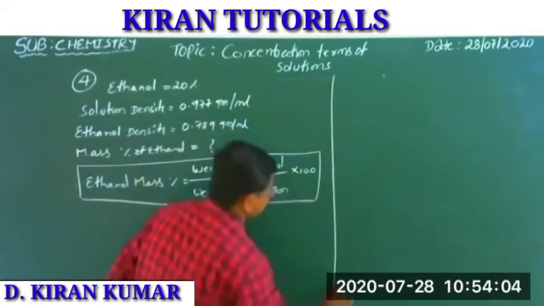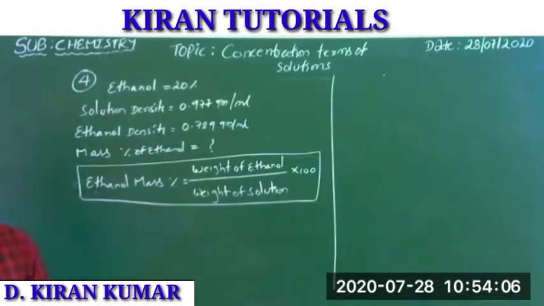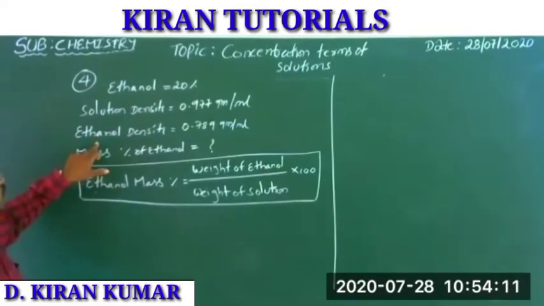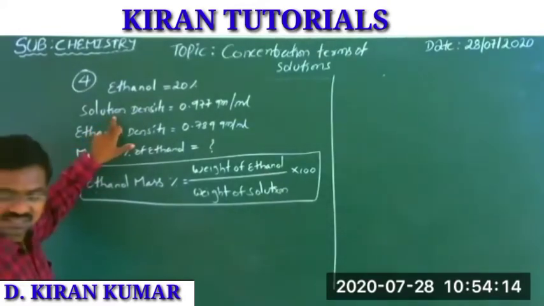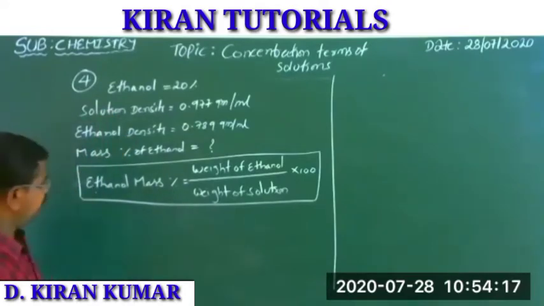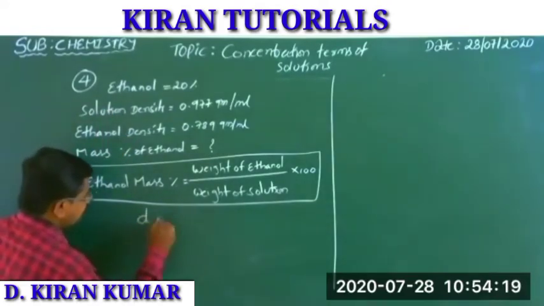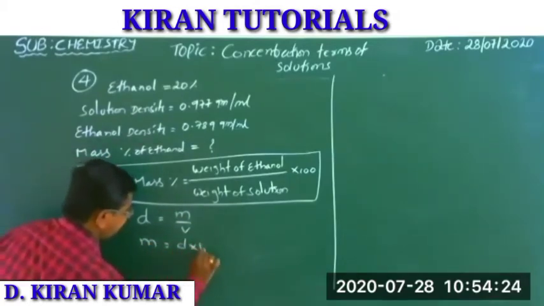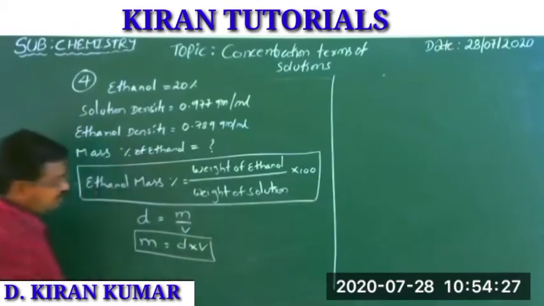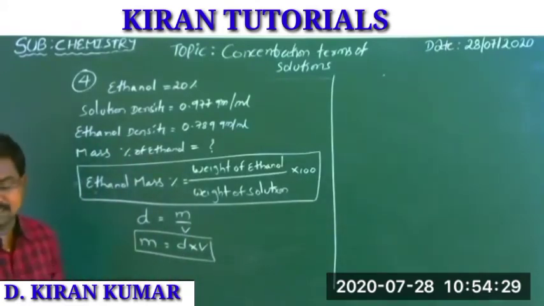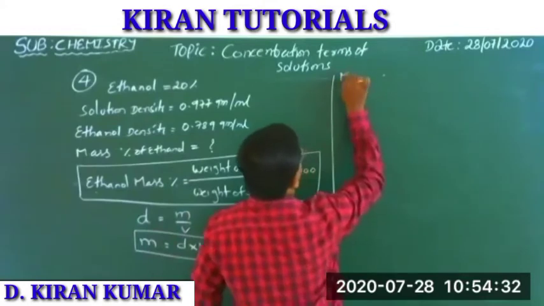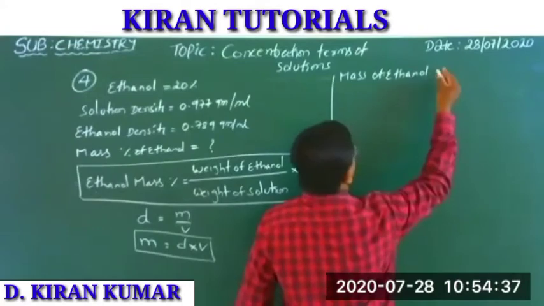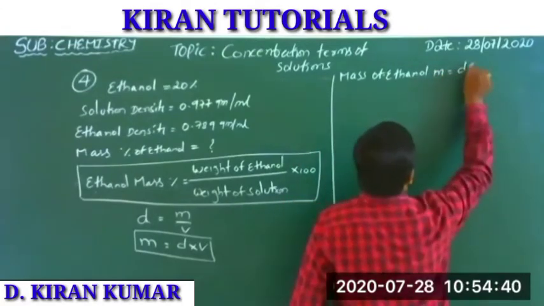Then, you know that here the density of the ethanol is present, density of solution is present. From this, we have to calculate mass. Know that density is equal to mass by volume. Then mass is equal to density into volume. So mass of ethanol: M is equal to density into volume.